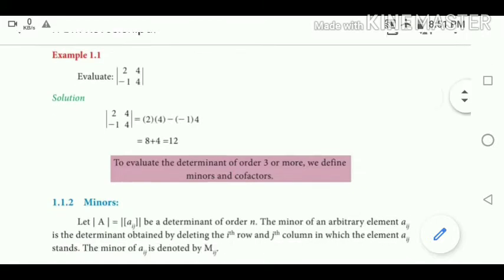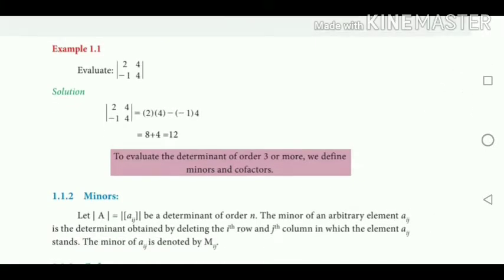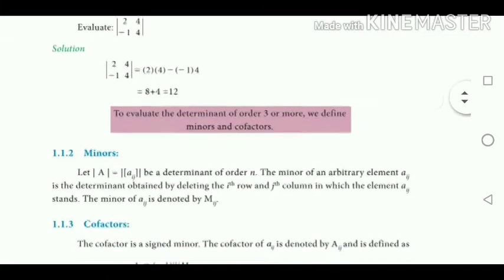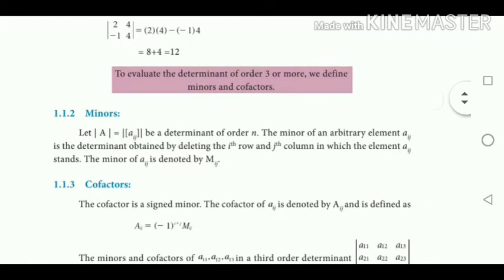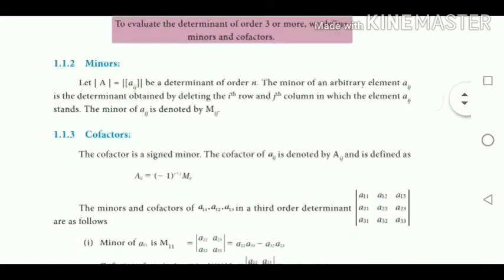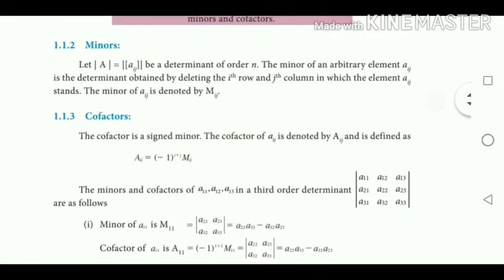Next, we are going to find the value of determinants of order 3 or more by finding the minor as well as cofactor of the determinants. Here minor is defined as: let A be a determinant of order n.